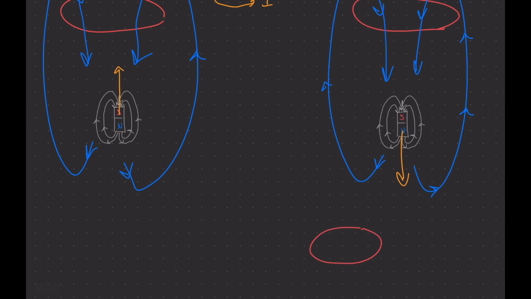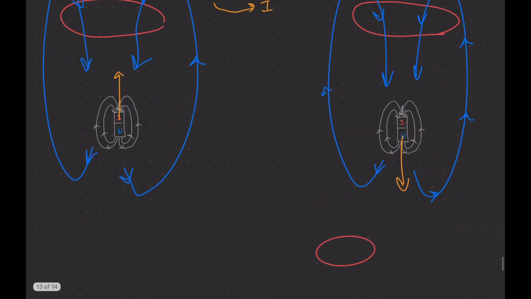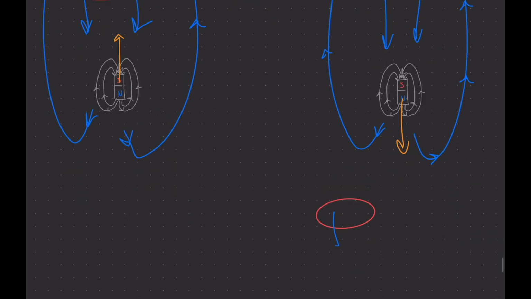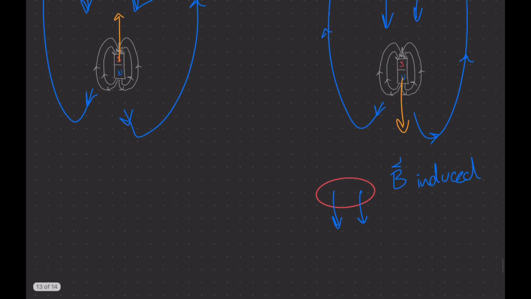So how the loop will respond to this is it's going to look at it and be like, okay, I feel a magnetic field going downwards, but this magnetic field is getting weaker. So in order to counteract this weakening of the magnetic field, I will create my own induced B, which is going in the same direction as this weakening magnetic field, because, you know, I don't like this weakening.